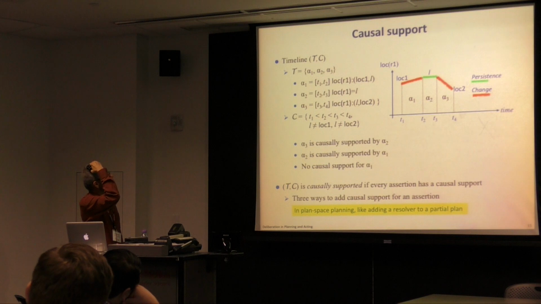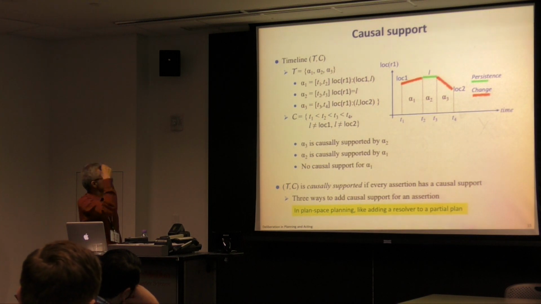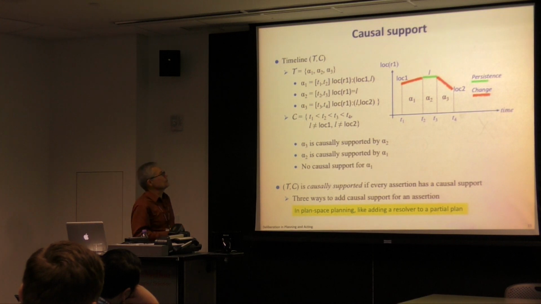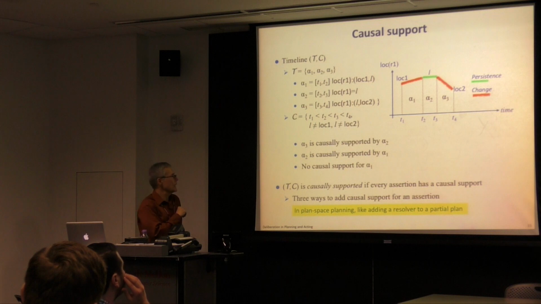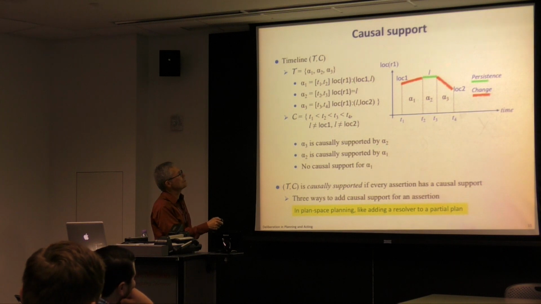In plan-space planning, no, sorry, I'm getting ahead of myself if I say that. Let me go through this example. We have these three temporal assertions: location of R1 over this time interval, over this time interval, and over this time interval.